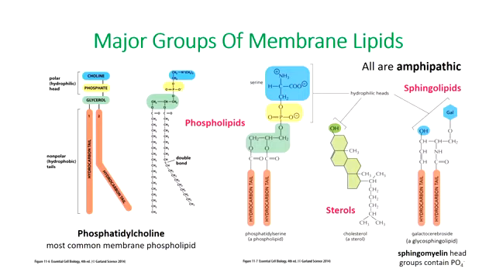Then there are other amines like ethanolamine, there are sugars. All kinds of polar groups can be attached here to give you a complete phospholipid. And they have different names: phosphatidylcholine, phosphatidylserine, phosphatidylethanolamine. The phosphatidyl part is the key. And then what's tacked onto that tells you what the head group is.